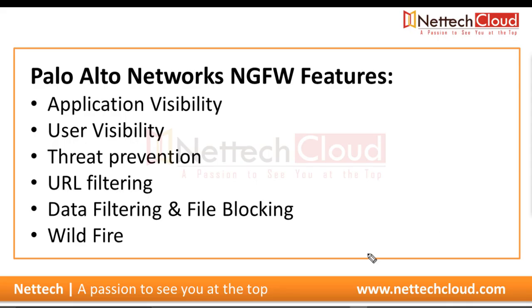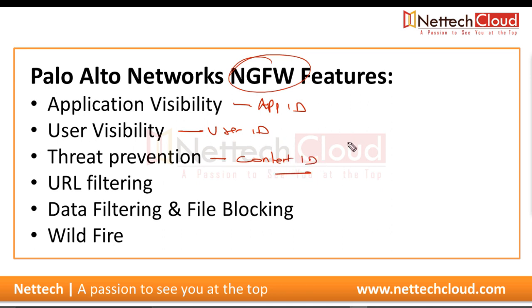All right, so I hope you now understand the different security features offered by Palo Alto Firewall, starting from App-ID, User-ID, and threat prevention based on Content-ID. I'm not talking about the platforms and architecture.